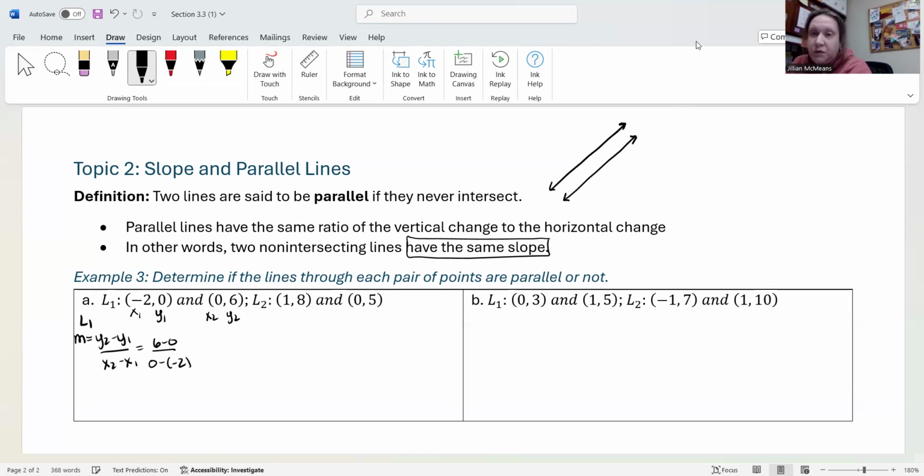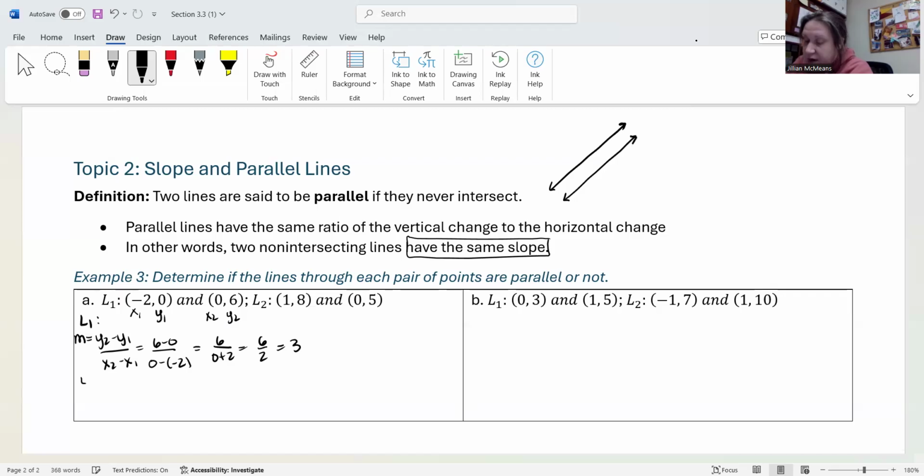Always be careful when one of your coordinates is negative, especially if you're subtracting it, because it becomes addition. So we get 6 minus 0, which is just 6, and 0 minus -2 is 0 plus 2. So we get 6 over 2, which is 3. That's the slope for line 1.